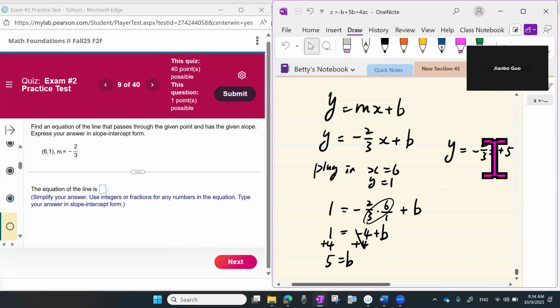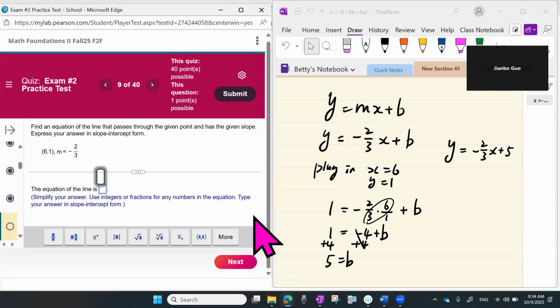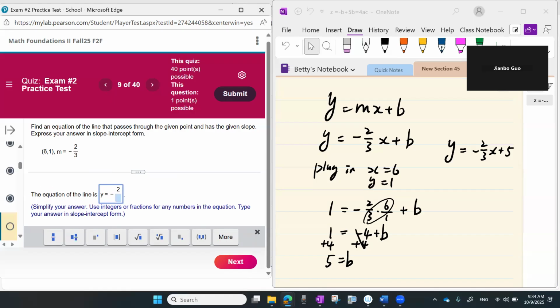You can always double check by plugging in. You're going to type the whole equation, not just the right side of the equation: y equals negative 2 over 3 x plus 5.